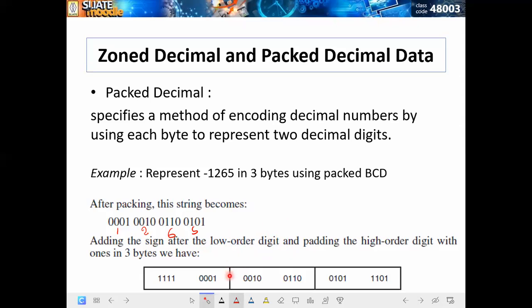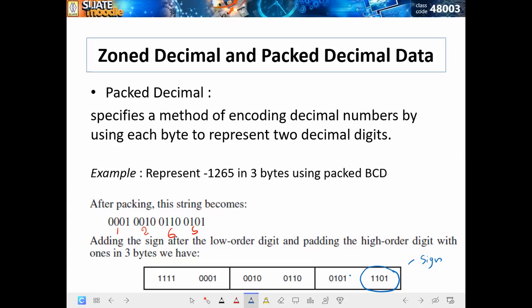So carefully look at this one. You are going to use this one to represent the sign, because here there are no two separate zone values, the rest are values. So the 4 bits at the rightmost side represent the sign of the decimal value.